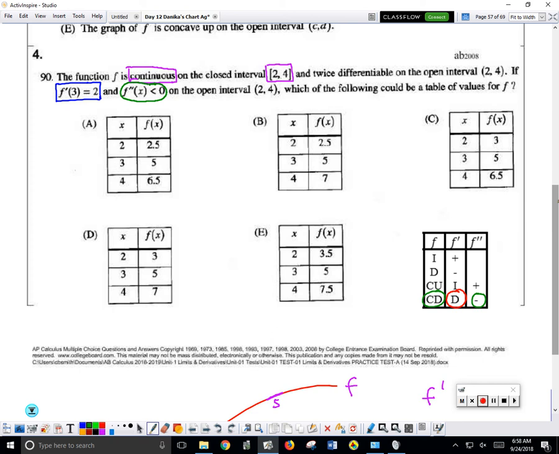Because f prime, the tangent slope, is going to be increasing less and less, so the difference would be less between them. Now you're on the right track. When you're finding the difference between, say, these two y values, what you're really doing is comparing the difference here with the difference here. So this difference is easy, that's just 1. This difference is 2.5.